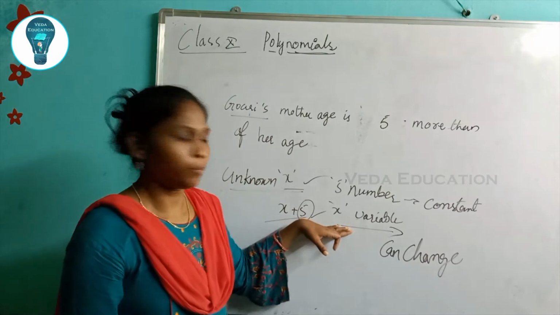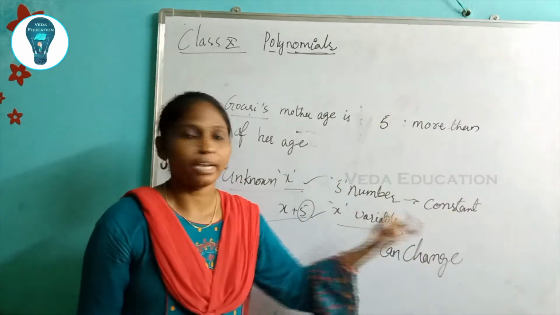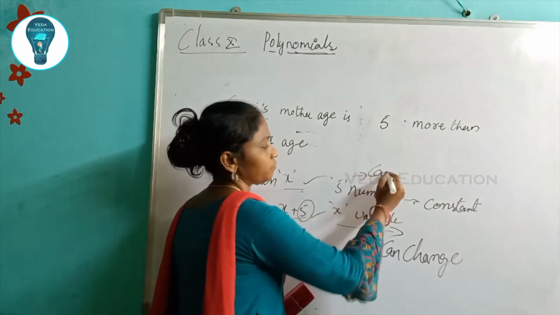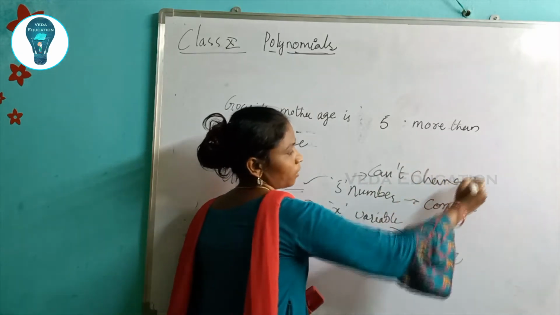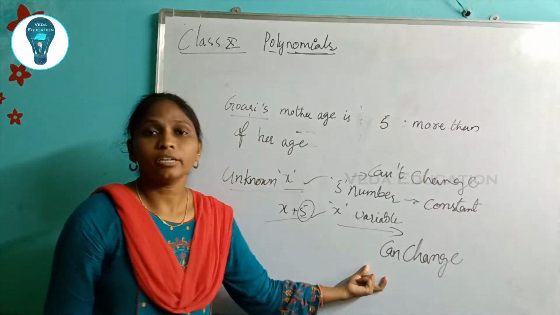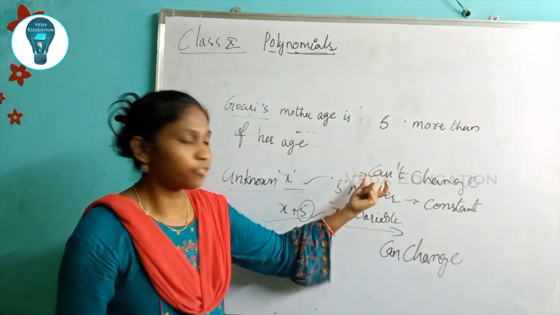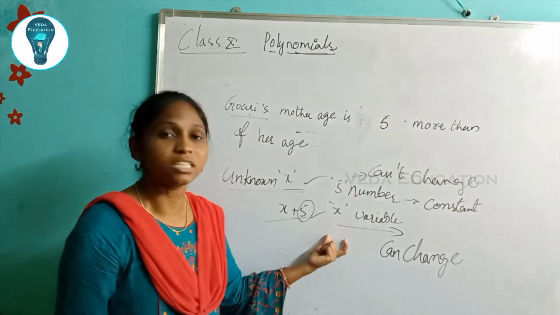So x is a variable, it can change the number, and 5 is a constant, because we cannot change this. This is fixed. So variables do not have a fixed value, and constants have a fixed value. Those we call constants, and those which do not have a fixed value we call variables.